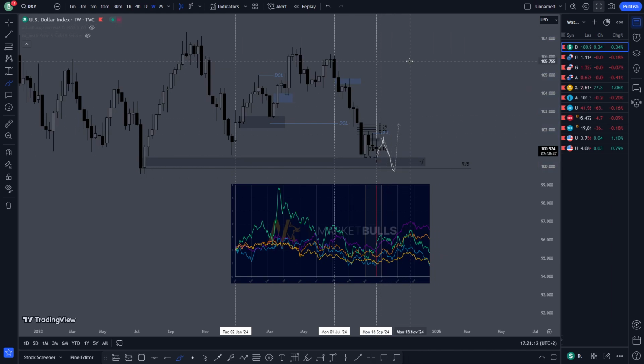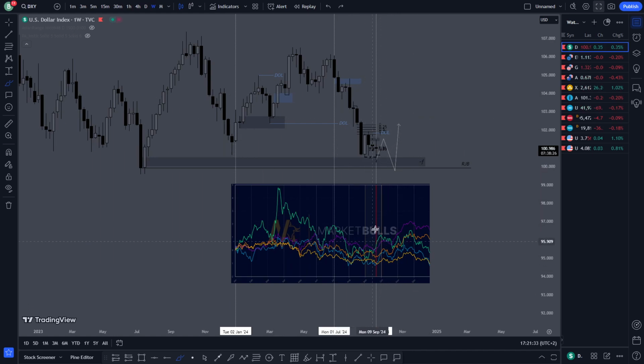So yeah, I'm expecting a small push to the upside because of a lot of liquidity taken out. The inversion fair value gap on a 4-hour time frame got respected here, actually beautiful, with this reaction on a lower time frame.